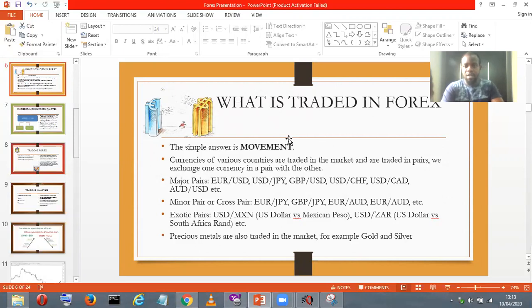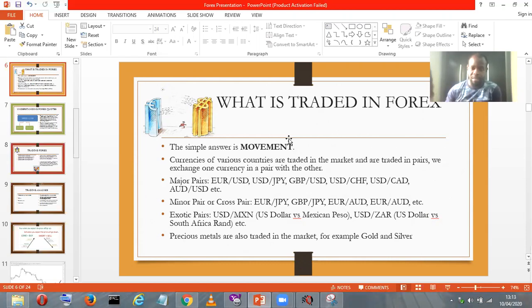So basically, I tried to explain that what is traded in the forex market is simple. It is the price movement. Price movement is how you make your money from the forex market: the change in the prices of different currencies. I made an example of the US dollar against the Nigerian naira, the Great Britain pound against the US dollar, and the euro and the US dollar. There are a lot of pairs, a lot of commodities, the price of gold.